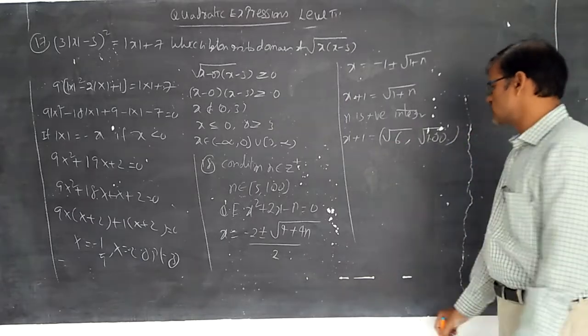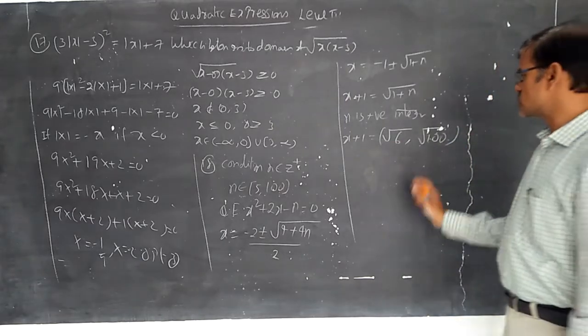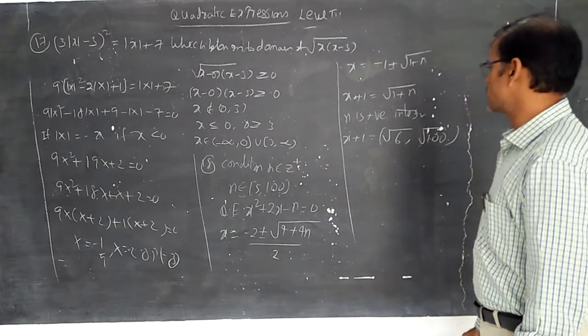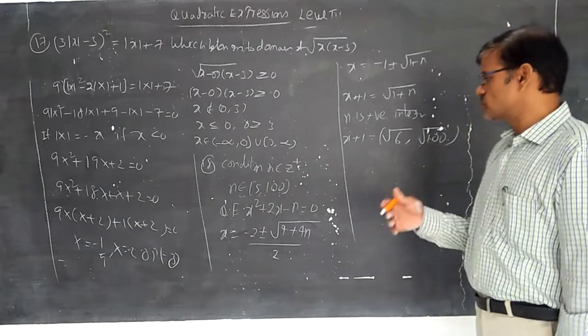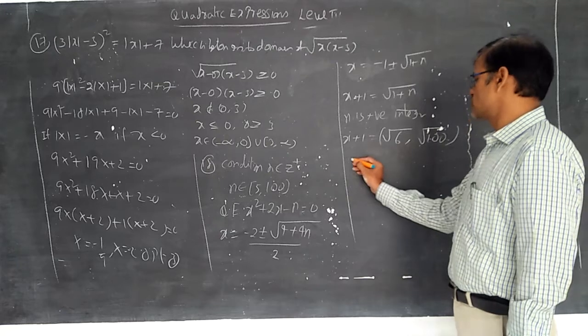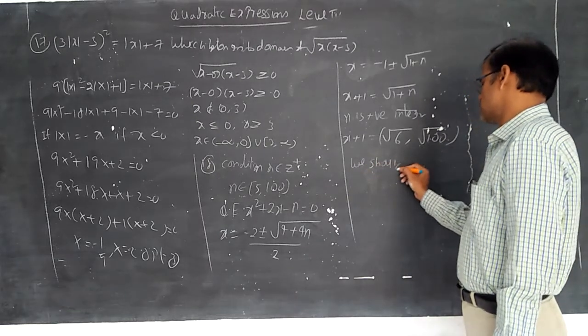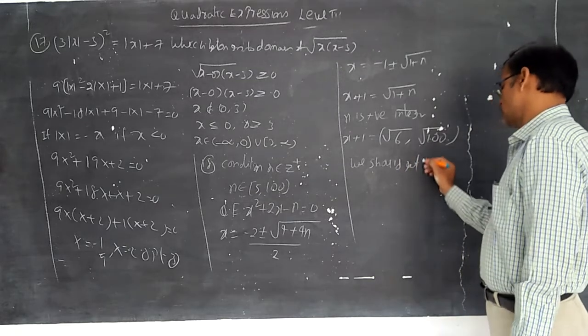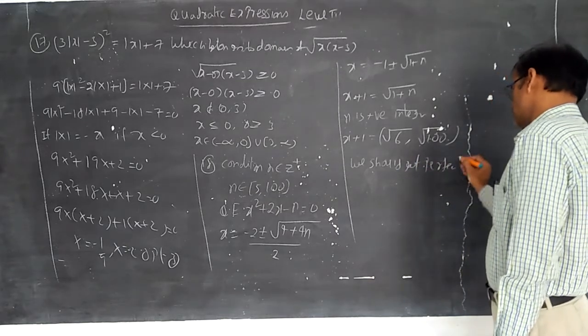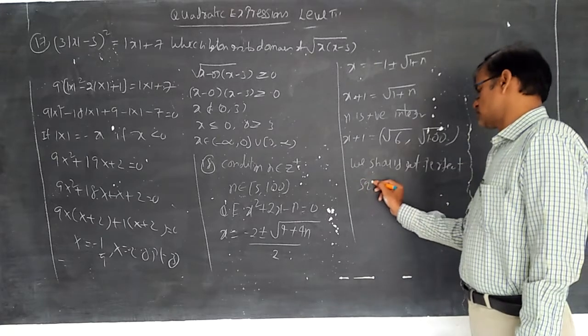So x plus 1 should lie between root 6 and root 101. So x is equal to minus 1 plus something. We should try to understand that we should get perfect squares.